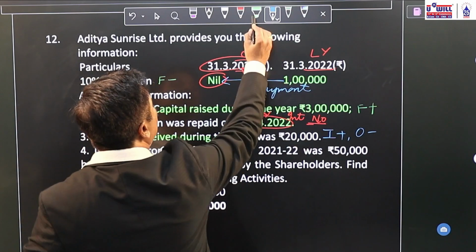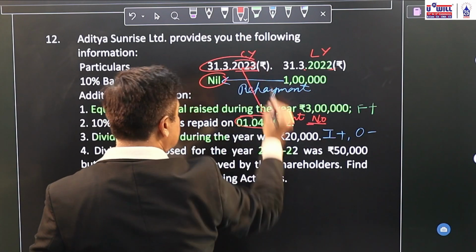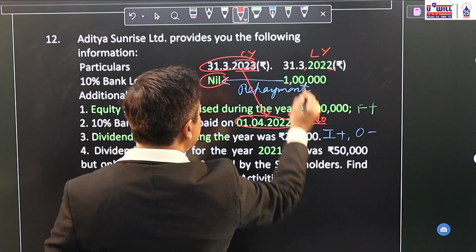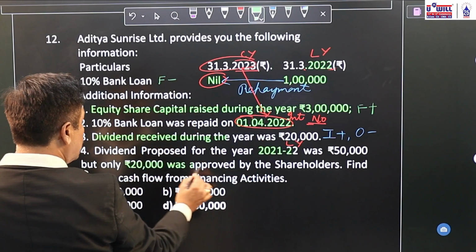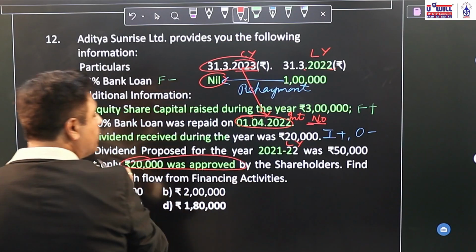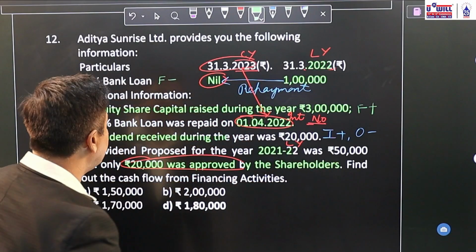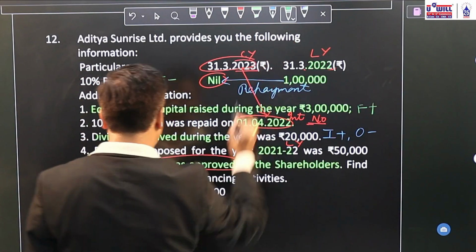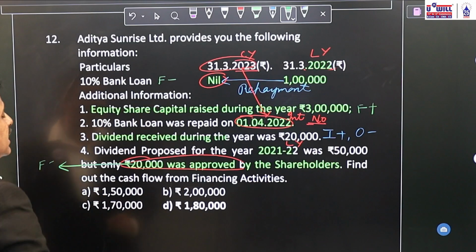Dividend proposed for the year 21/22, that means last year, was 50,000, but only 20,000 was approved. Whatever is approved by the shareholders will only be paid. So the amount of 20,000 we will take as financing activities outflow.